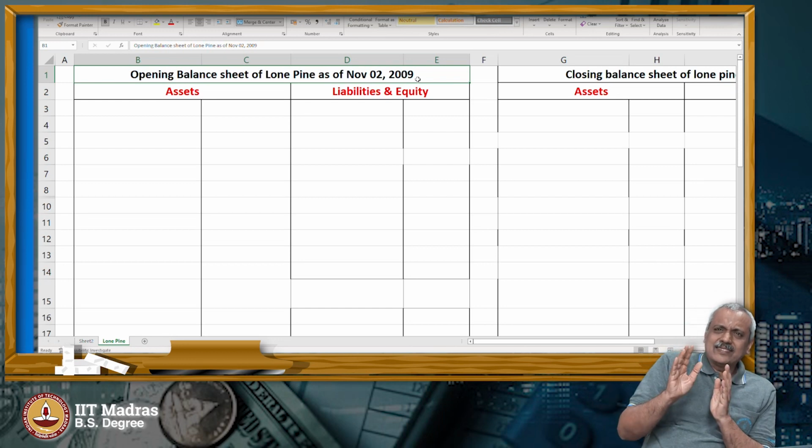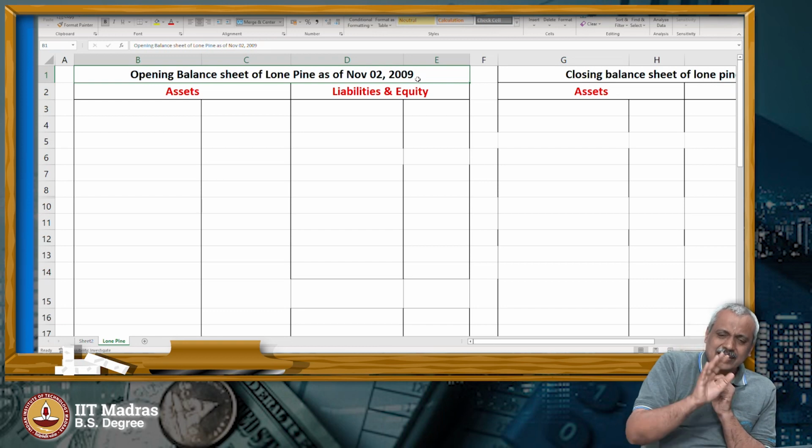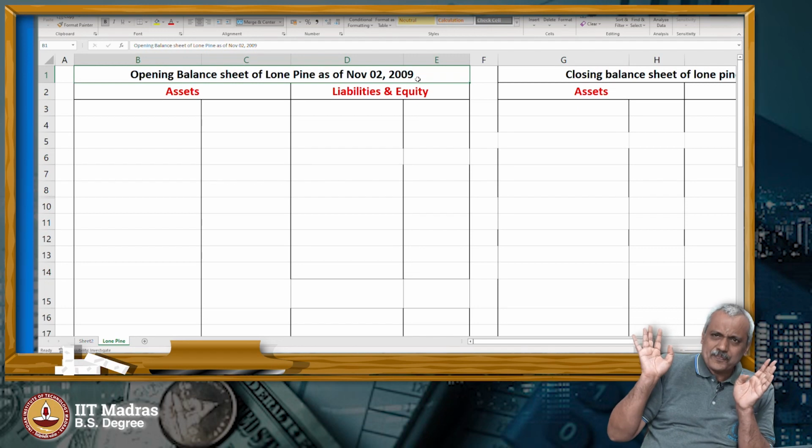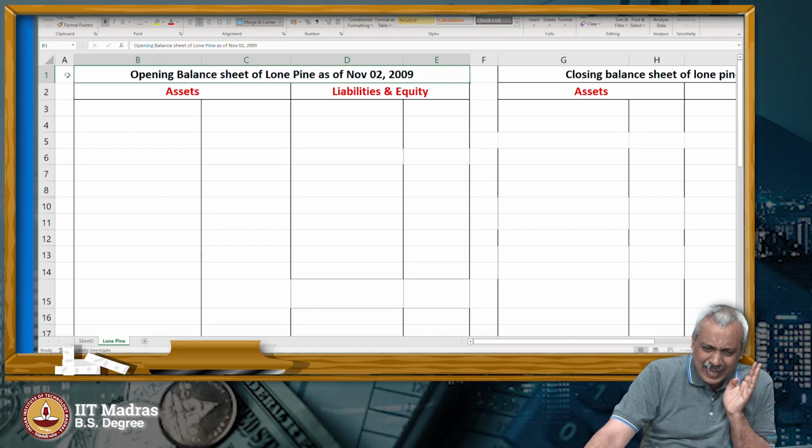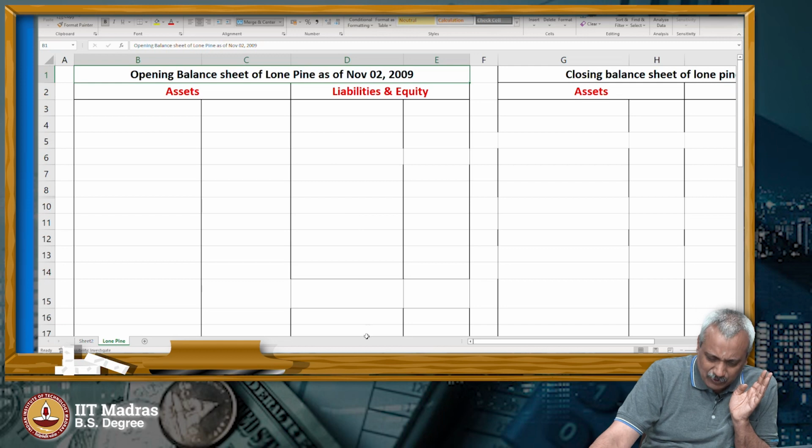Only the list of things that the entity owns as of November 2nd, and the list of things that the entity owes as of November 2nd. That is all. That is when the cafe basically opened.